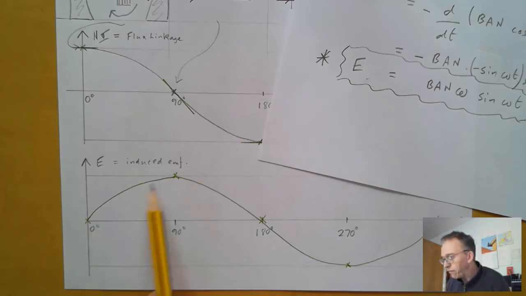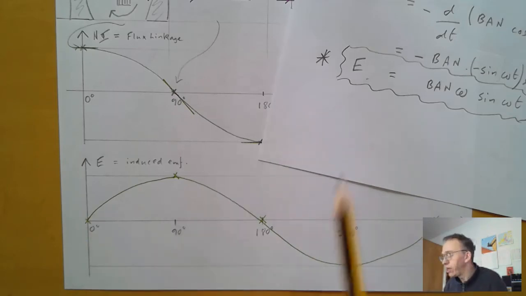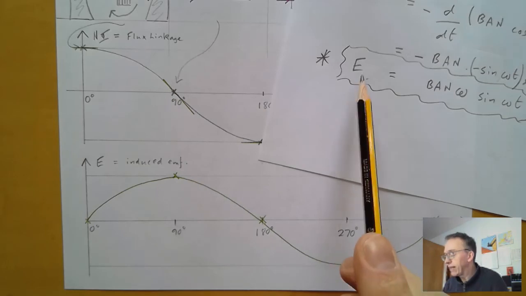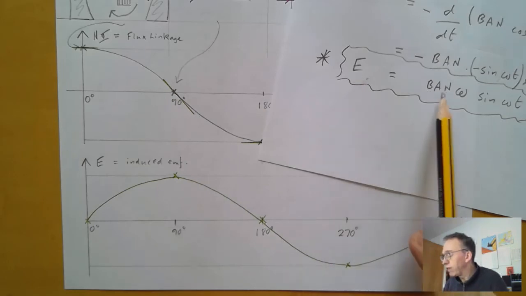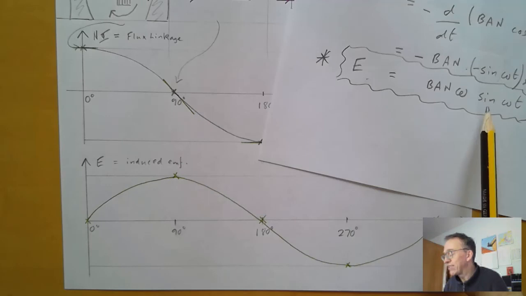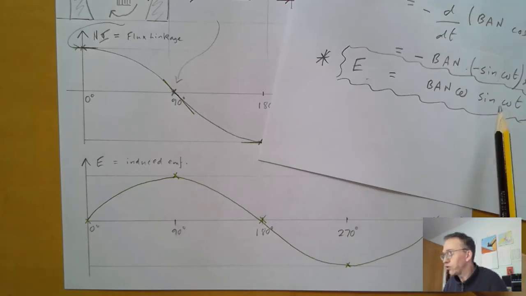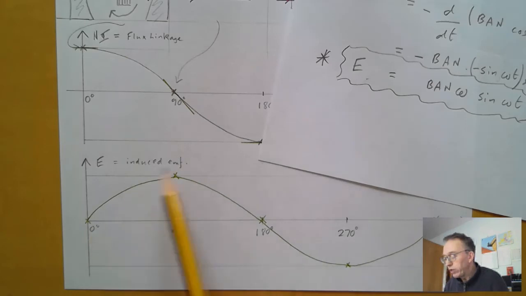The graph of EMF against theta, which is effectively time, is a sinusoidal graph, we guessed. And our function tells us that EMF is basically a big constant times the sine of omega t. So it's a sinusoidal graph. Okay. So what we deduced earlier agrees with what we have here. Right.